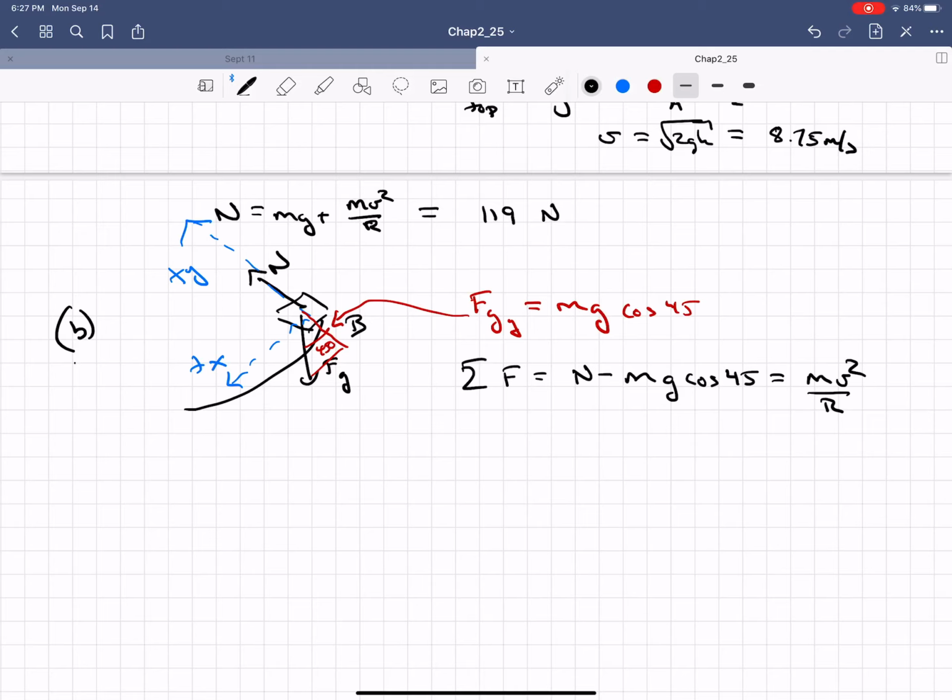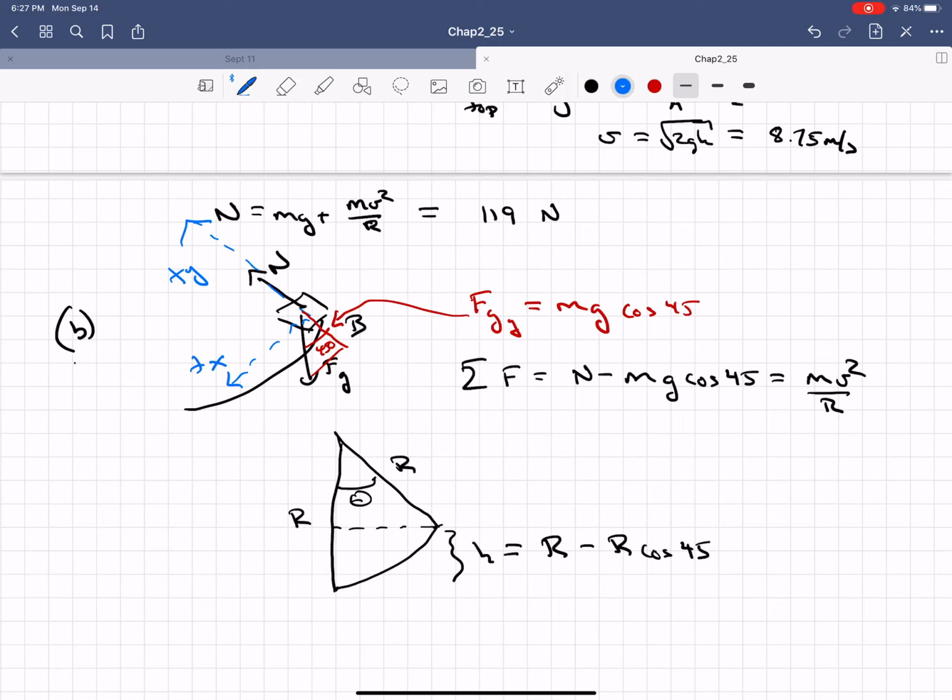This is actually something that's somewhat useful to know, right? If I have a circular arc where this is r and this is r, and I've swung up to an angle theta here, then the height here is equal to r minus r cosine of 45.